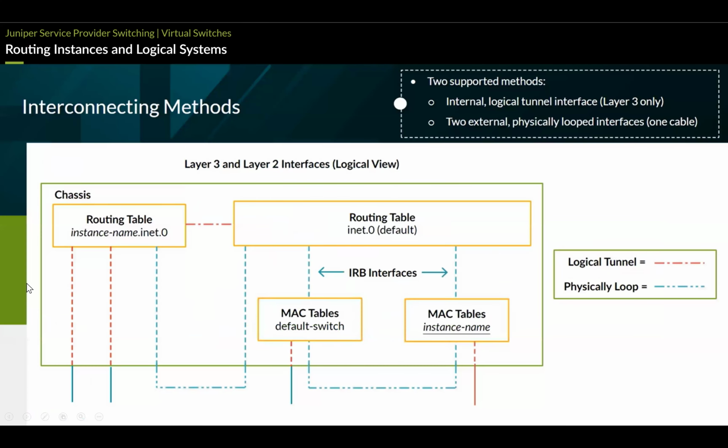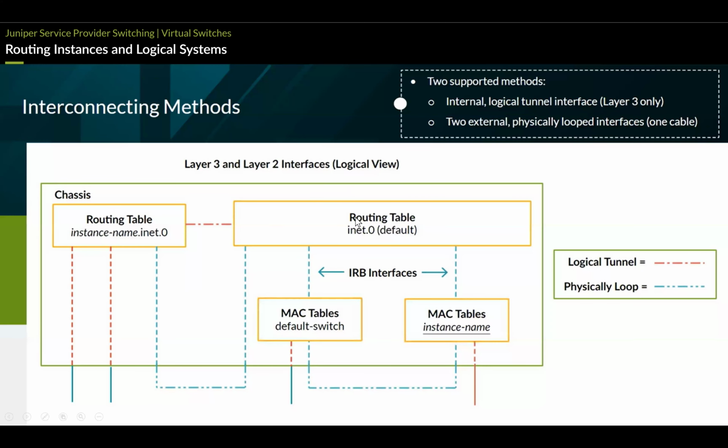So just consider you have two route tables. One is inet.0, which is based on your global route table, and another route table is instance-name.inet.0. That is basically another virtual routing table.